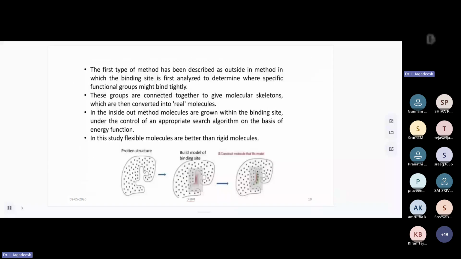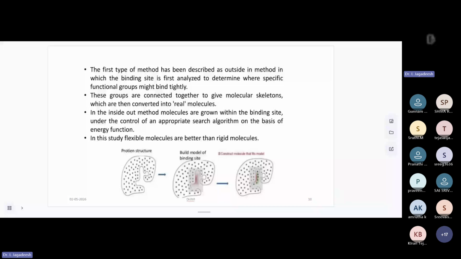There are two types of methods: outside-in and inside-out. In the outside-in, we have specific functional groups that bind, are connected together, and give the real molecule. In the inside-out, we see the binding site, first fit according to the energy function, and build the molecule further. In both methodologies, the flexible molecule approach is better when compared to a rigid one, because our molecules behave as flexible in real time.